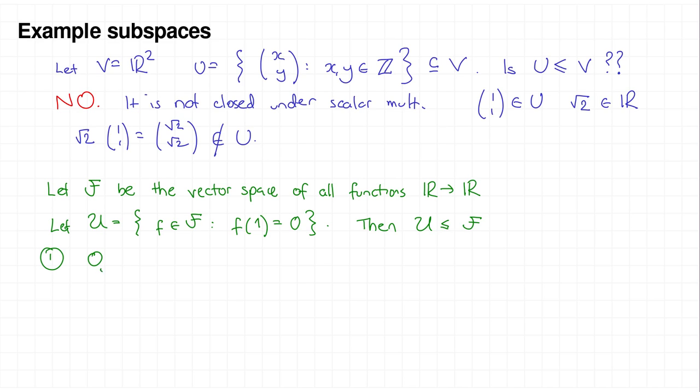So in particular, the constant function which takes the value 0 everywhere, it's certainly 0 when you give it the input 1, and so it's in U.